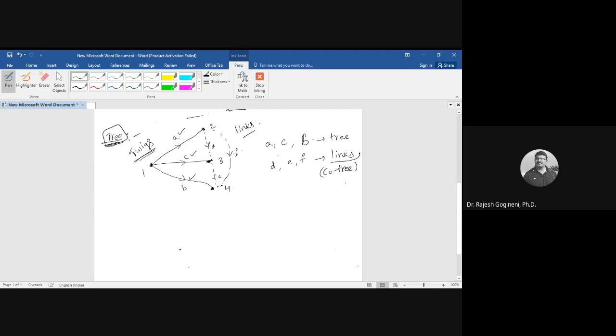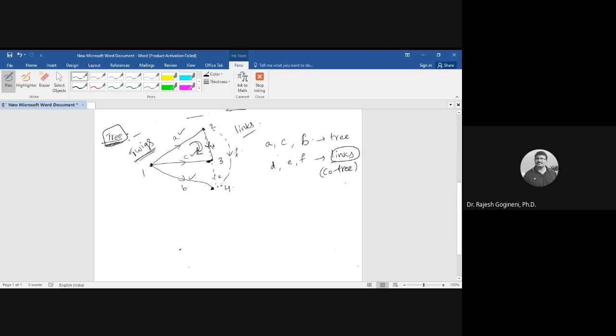The set of all the links is called the co-tree. So by adding one link, a closed path will be formed and there will be a current. Closed path means a loop current exists. So the number of loop currents in a tree equals the number of links.